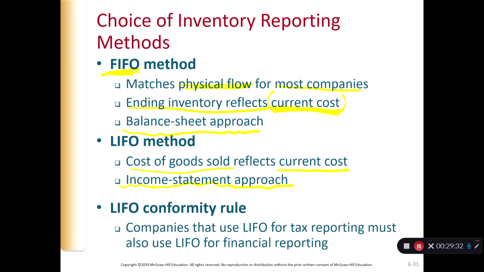The LIFO conformity rule means that companies that use LIFO for tax purposes must also use LIFO for financial reporting. Why is that? The reason is that if you use FIFO, you will end up with a lower cost of goods sold.